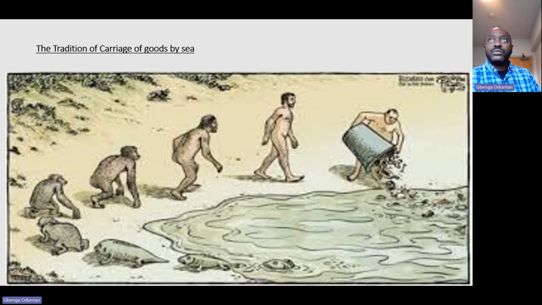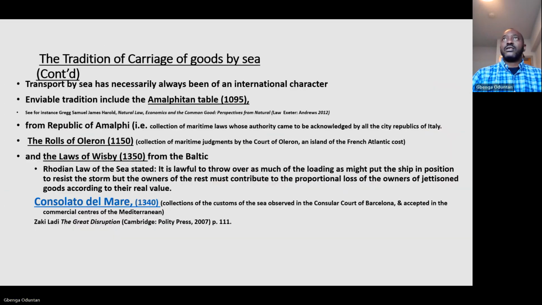And therefore, it's also possible to trace the very beginnings of legislation in this area to many of the old maritime collections of laws that are known to us today, such as the rules of Oleron, the laws of Visby, the Consolato del Mare; the Republic of Amalfi also collected its maritime laws.